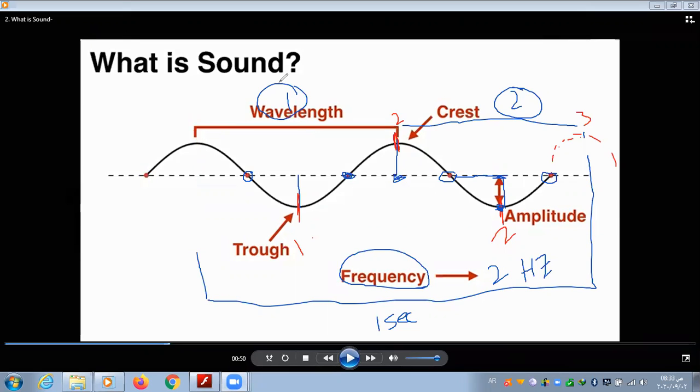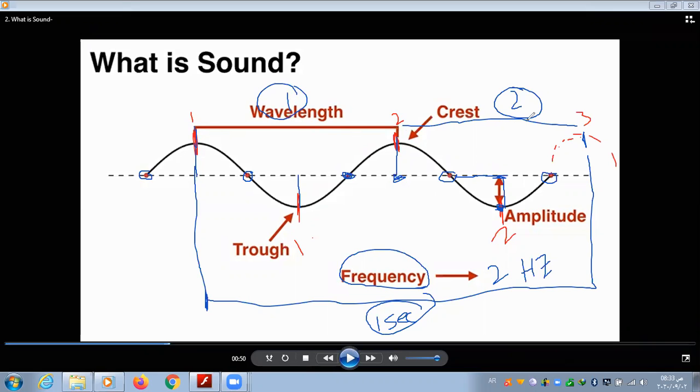Still Mazen? Yes, Mazen, if you have a question. Teacher, sorry, but I didn't understand the frequency. Frequency: suppose the time taken from this crest to this crest is 1 second. The wave is moving, and it covers this distance in 1 second. We count the wavelengths here. How many wavelengths from one crest to the next? 1.